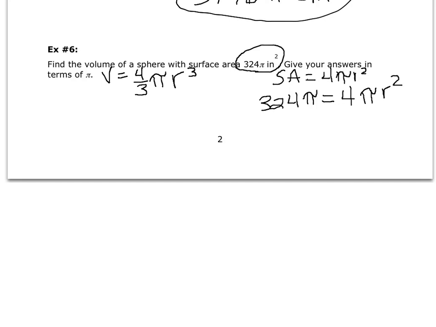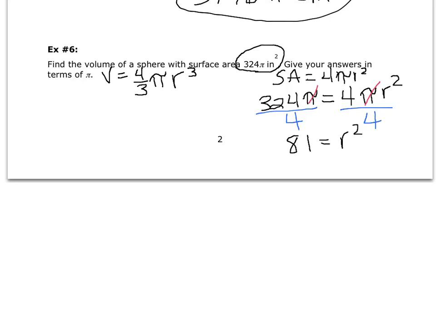So I need to solve for r, and that's my only variable. Pi is on both sides, so you can divide both sides by pi, or you can take a shortcut and cancel out pi from both sides. Then I can see I want to divide by 4. When I divide by 4 on both sides, I get 81. So I now have 81 equals r squared.